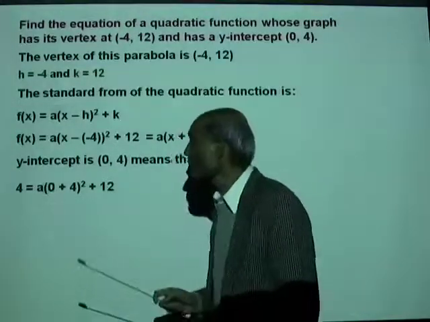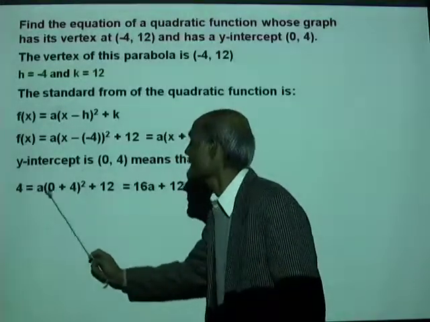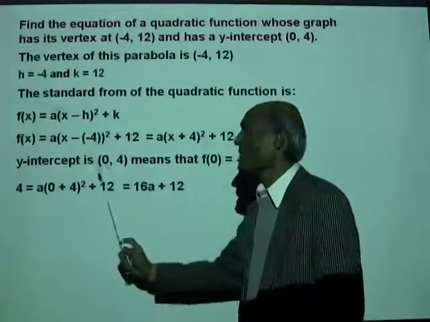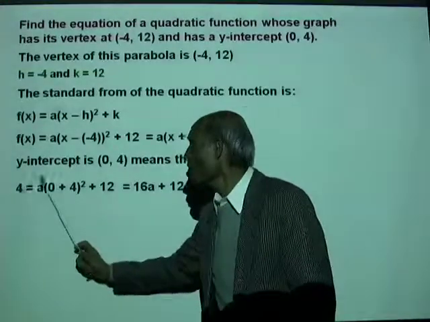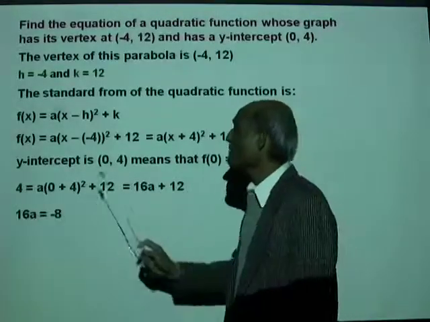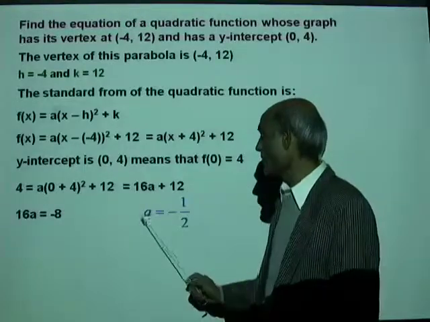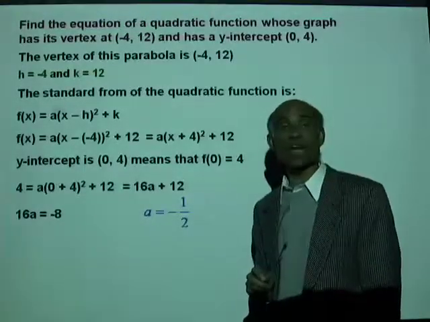And you can now solve for a. 4 squared is 16, so that is 16a plus 12. 4 equals 16a plus 12, and that will give you 16a equal to negative 8, or a equal to negative 1/2.